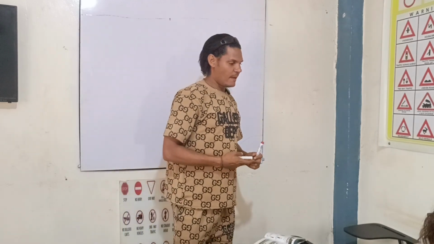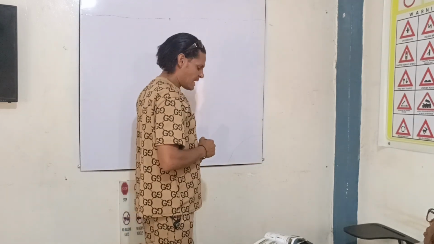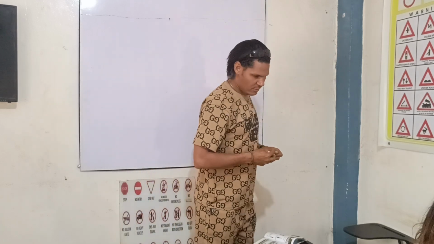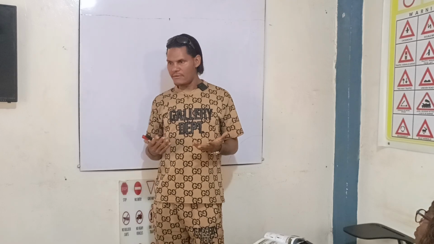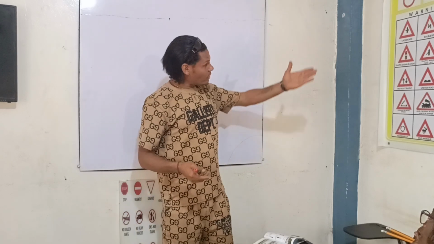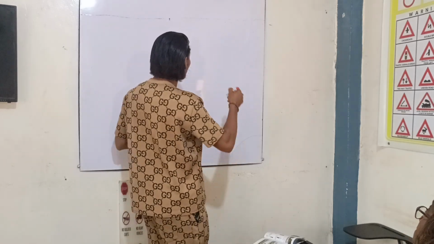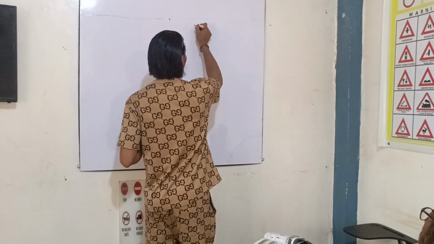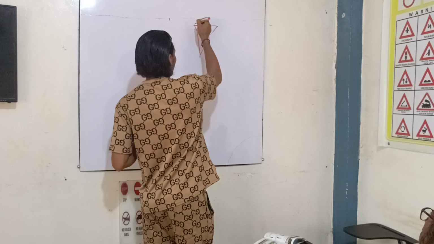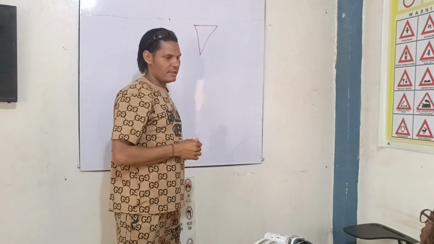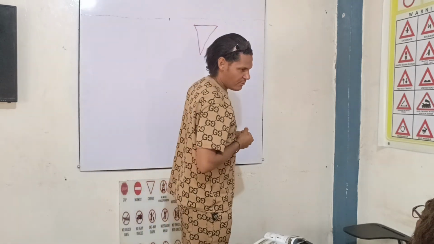What is the rule of priority, first of all? We went through a class here. I don't know if most of you were here. We talked about road signs and what they mean, right? Yes. The upside down triangle is the give way sign, right?